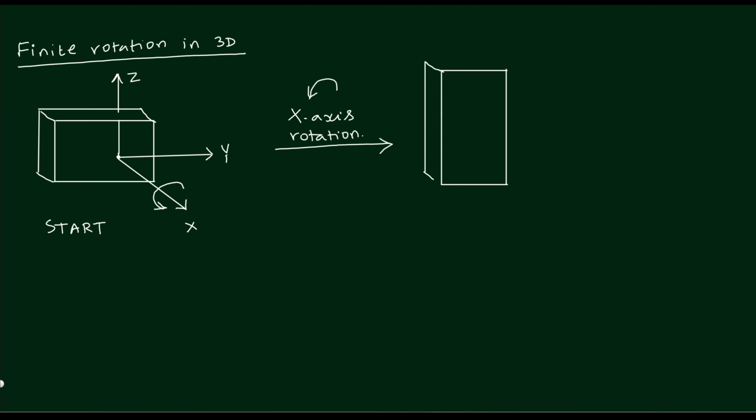How will it look? I will try to draw the best possible diagram. Hopefully this looks like a 90 degree rotation in the anti-clockwise direction about the x-axis. Once you finish that, we will again fix the coordinate system at the right place. Choose the place where it is supposed to be after rotation, and then you can draw the other axis.